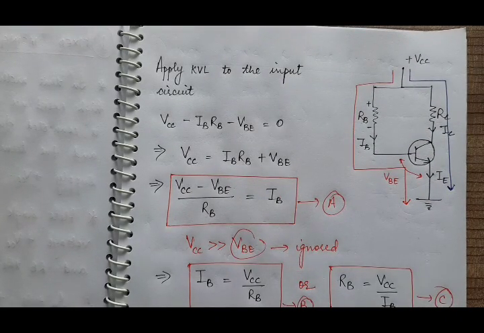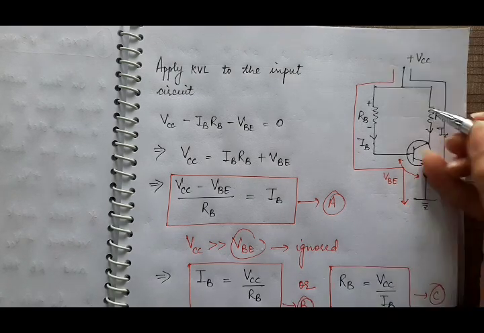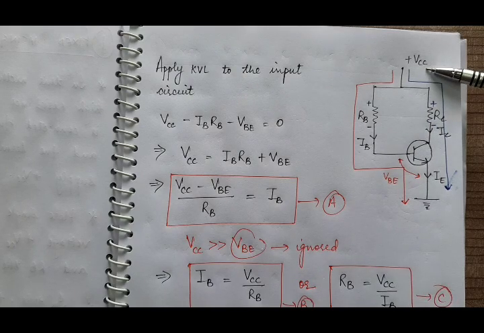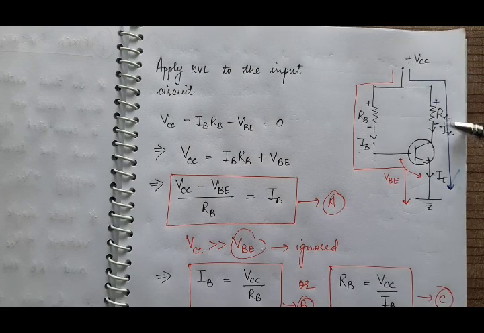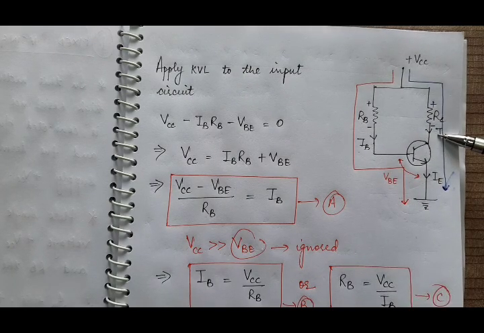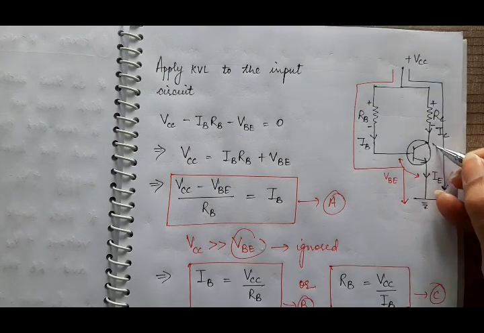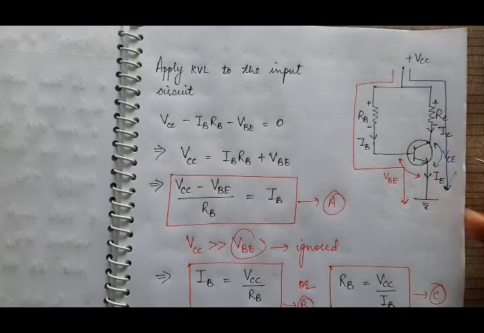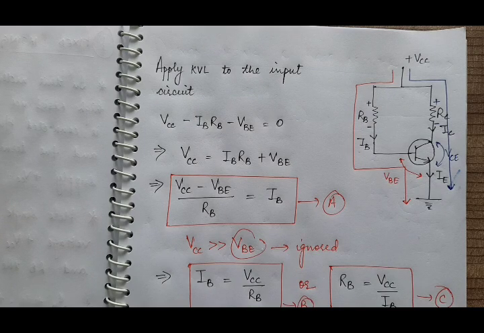Now apply Kirchhoff's voltage law to this output circuit. What will it be? It will be VCC minus ICRC minus, what is the voltage across this collector emitter junction? It is VCE, equal to 0.